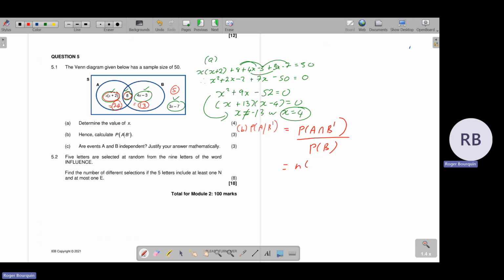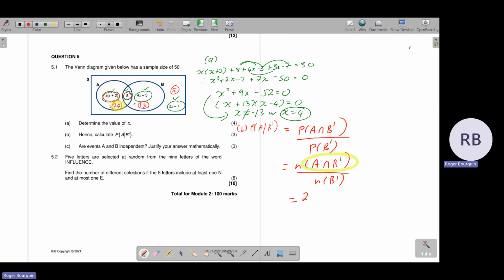There's a number in A and not B over the number in not B, because the denominator would be the same. So the denominators would cancel. And the things that are in A and at the same time not in B is just basically another way of saying in A only.